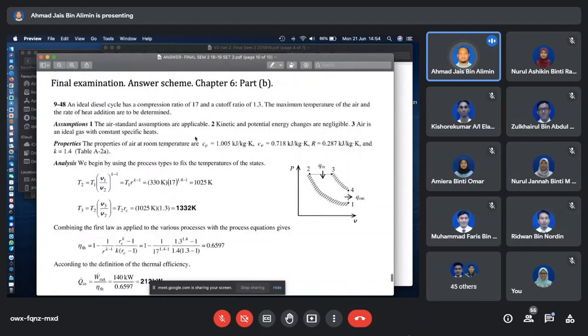So do not worry about the answer scheme, because it is actually taken from the Cengel and Boles book. For a certain semester, the question is a bit different compared to this kind of question, because at a certain stage you need to think beyond the cycle type of questions.